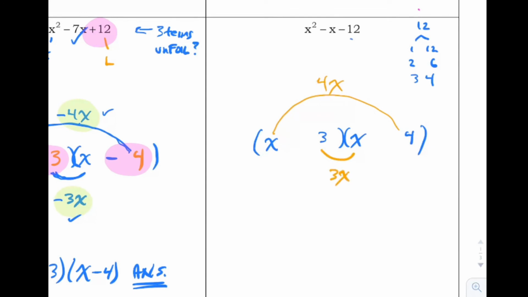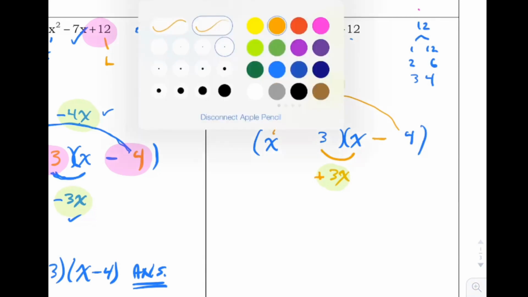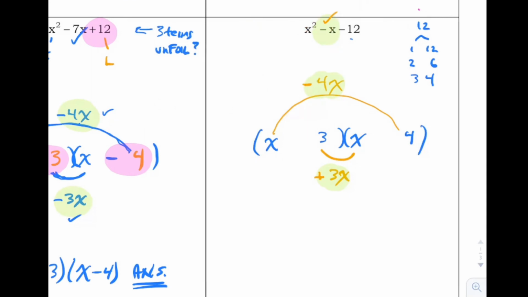Now I want to look at this 4x and 3x and say, okay, can I somehow get a minus 1x out of them? Here's how you get a minus 1x out of them. You make that a minus 4x so that when you add a plus 3x, you'll get the minus 1x. So that's the ticket. So I want to have this be a negative 4x, means I want to put a negative there. Maybe I'll make it an official blue negative.